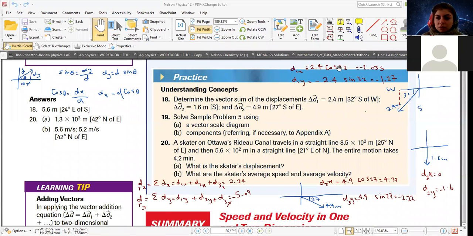So I put it in a calculator, and for D1x, D1y, and all of these numbers to get those values, then I added up D1x, D2x, and D3x. The result is 2.34. Make sure your y component is negative. For D1y, D2y, D3y, I put them in a calculator and added them up. It's negative 5.09.